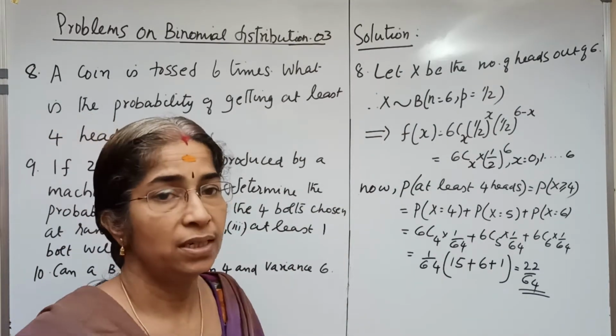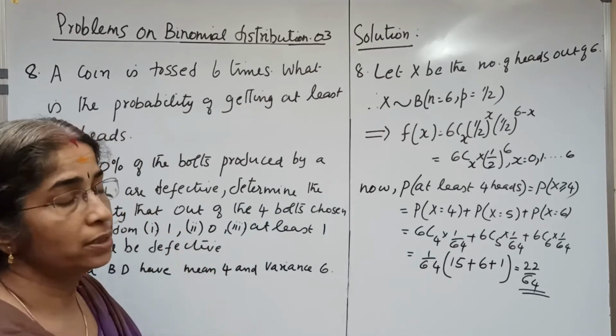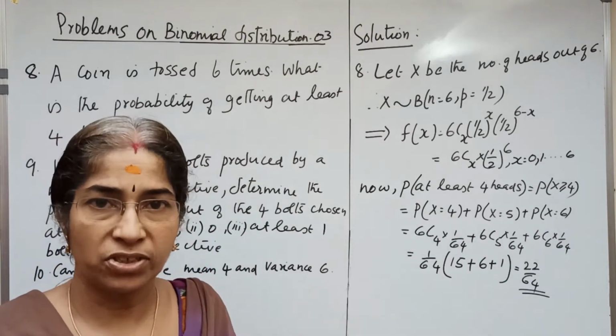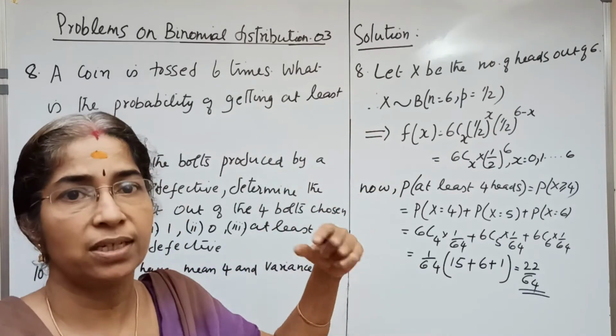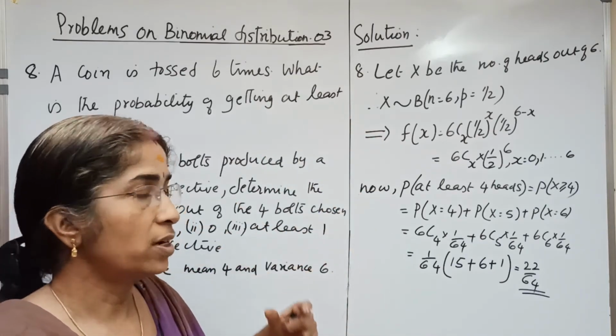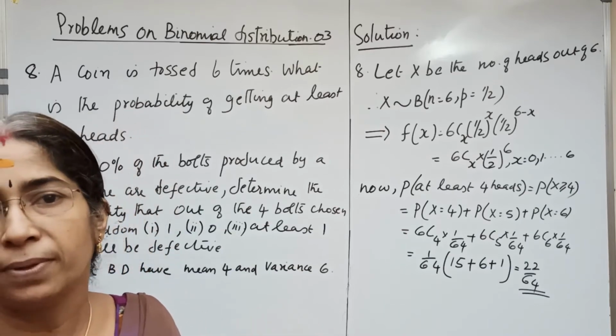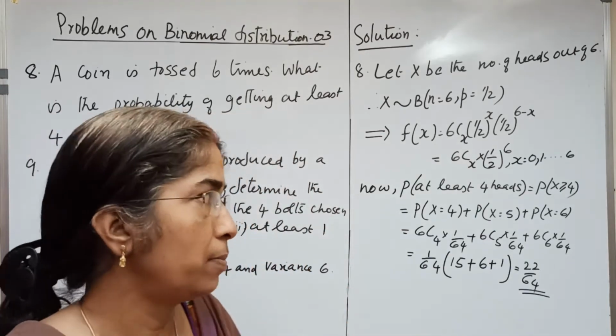That is simply, when we consider the coin tossing experiments, we can take it as binomial. Unless otherwise stated, we consider these coins are unbiased. So the probability of getting a head is p equal to 1 by 2.